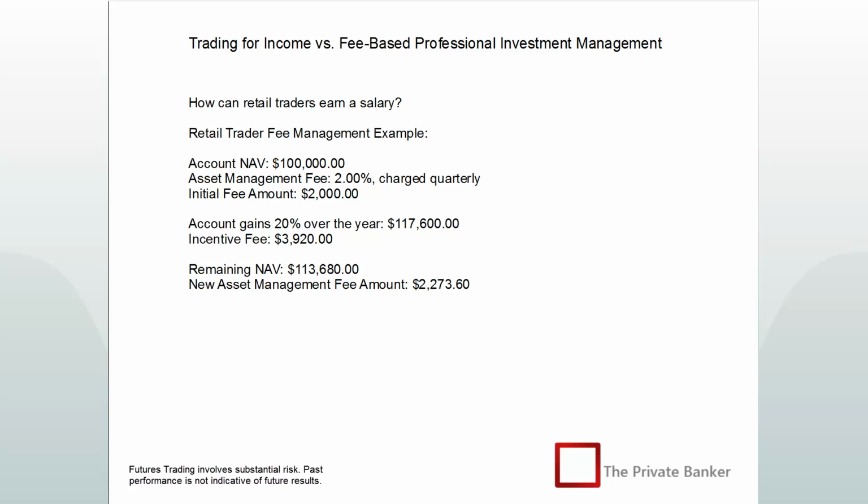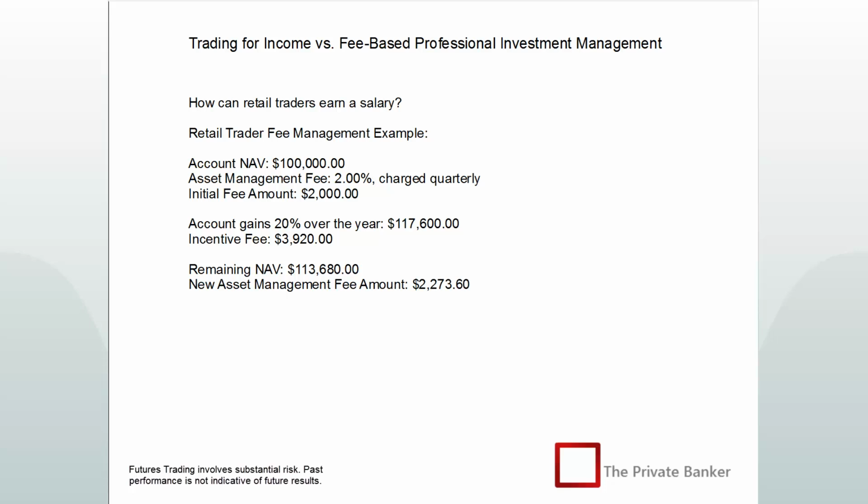But let's just assume that we took the money out, so that leaves us with an NAV of $113,680. Even though we took money out, our new asset management fee has increased by a whopping $273. But you see the point here is that as the NAV grows, so does your asset management fee.